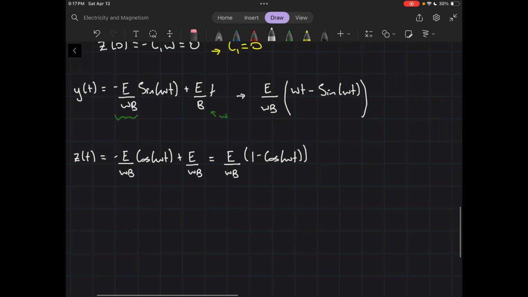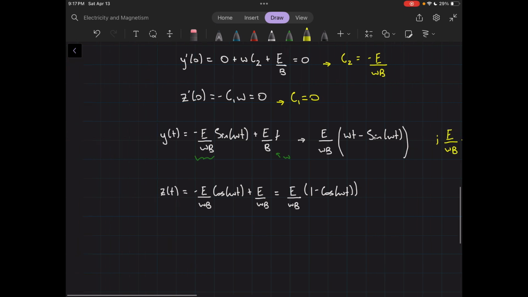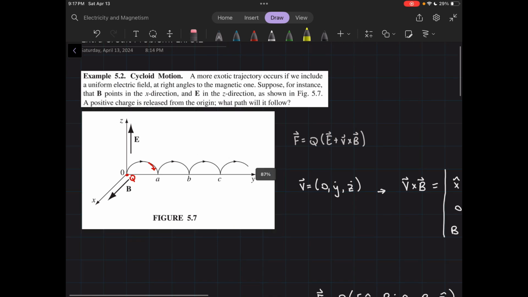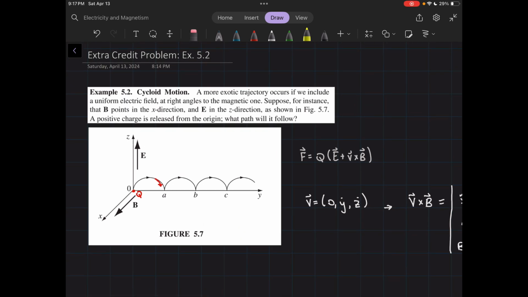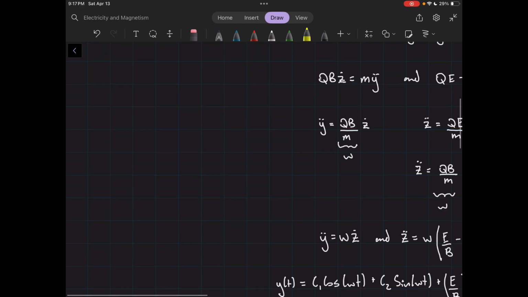Cool. So now we'll call this term, E over omega B, r. And the reason for that is because, as shown in figure 5.7, it is rotating in its semicircular motion, so that motion is going to have some radius r.